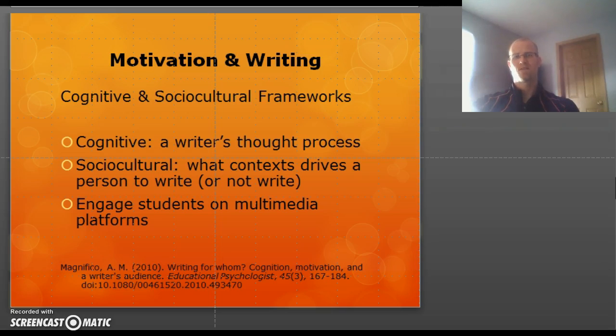An important thing to consider is that writing is not just writing anymore. We can also engage students on multimedia platforms. You can have them, for example, write an essay, but then also have them present their reading to each other. So that would help them to use some of the technology that many of them like to use in the first place. So that could help to motivate them even further.